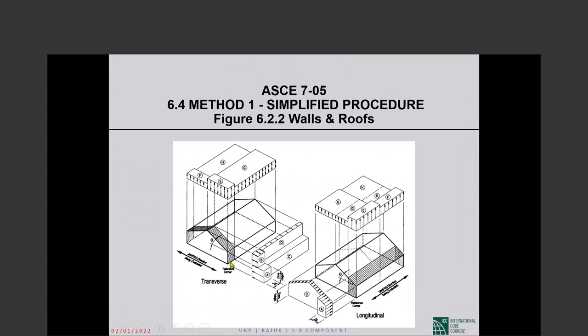But the crux of the whole thing is that this is called the windward, the reference corner. And the method tells you each corner of the building shall be taken as the reference corner in turn. If a building is doubly symmetric, then this turning is going to be unnecessary. You will get the same pressure distribution no matter what. If it is singly symmetric, you will turn it once and you are done. You will have all the information you need.